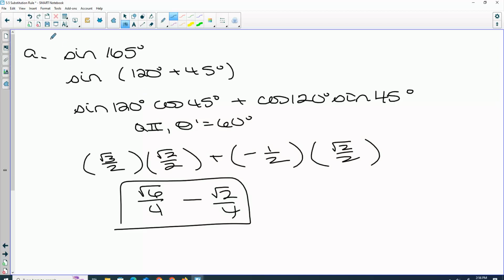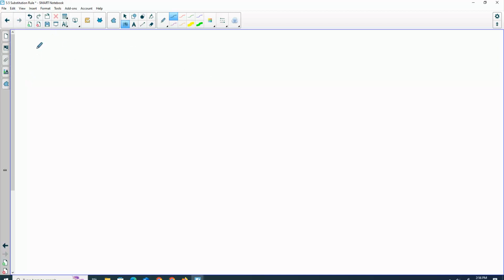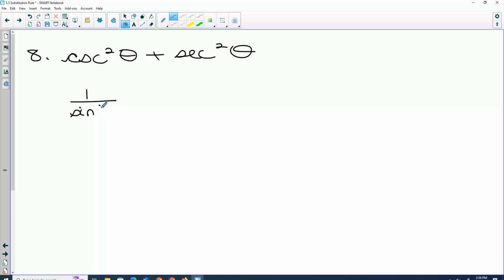Alright, we are almost there. Problem 8 was a little bit tricky, mainly because people got the answer and thought they were wrong. So I told you to write it in terms of sine and cosine. What is cosecant? 1 over sine. What is secant? If you are going to add or subtract fractions, what do you need?